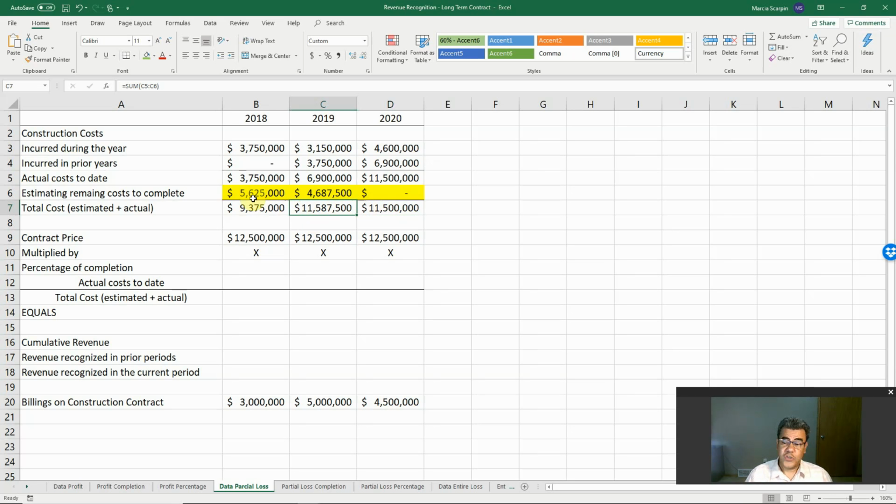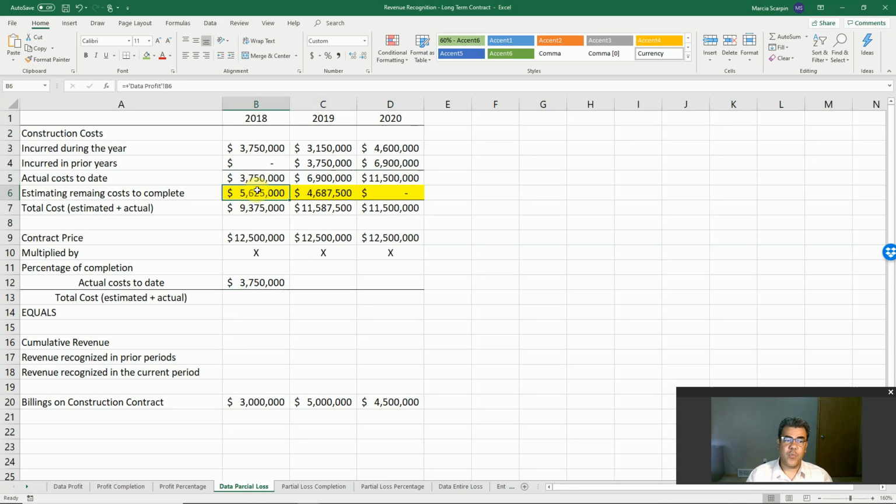Okay? So to find our revenue, we need to find the percentage of completion. To find the percentage of completion, we have our actual cost, 3.7 million. We also always work with cumulative costs. Okay. However, how much is the total cost? The total cost is not the actual total cost, it is the estimated total cost.